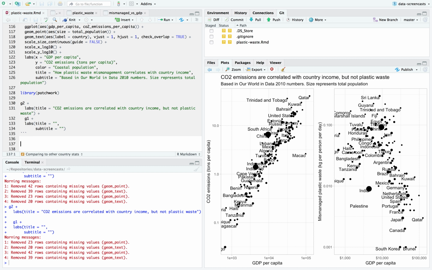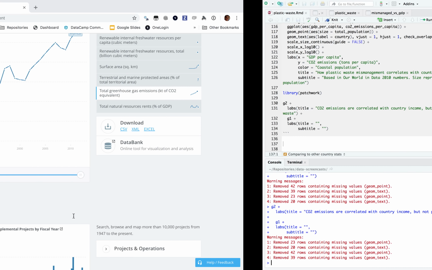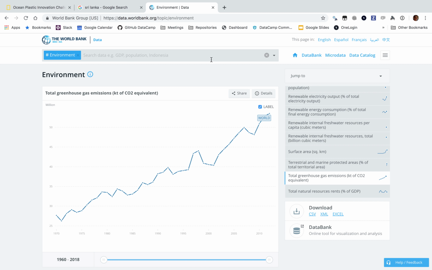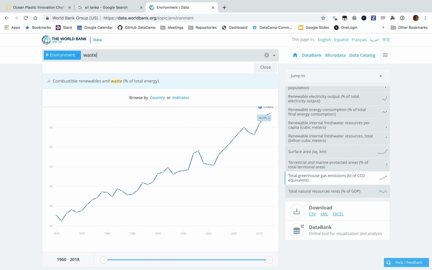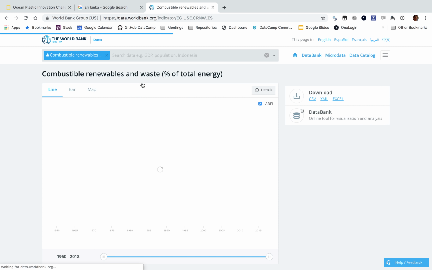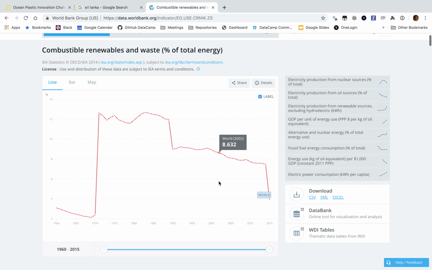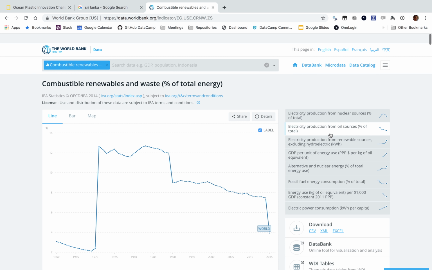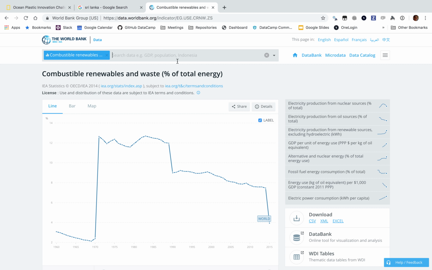All right, I'm going to take a look at one more indicator. And what I might want to take a look at is what else could be responsible for large amounts of plastic waste. So coastal area, it's called waste.